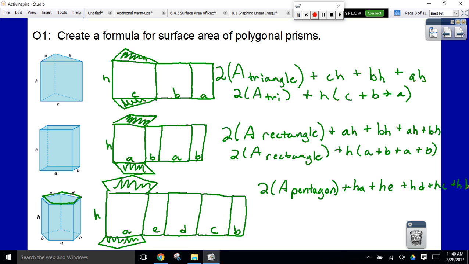What variable does each one of those terms share? Taylor? The height, again. So we have 2 times the area of the pentagon, plus we're going to take the height, and we're going to be left with A plus E plus D plus C plus B. This in the green, if you're having trouble, or in the blue, is HC plus HB.